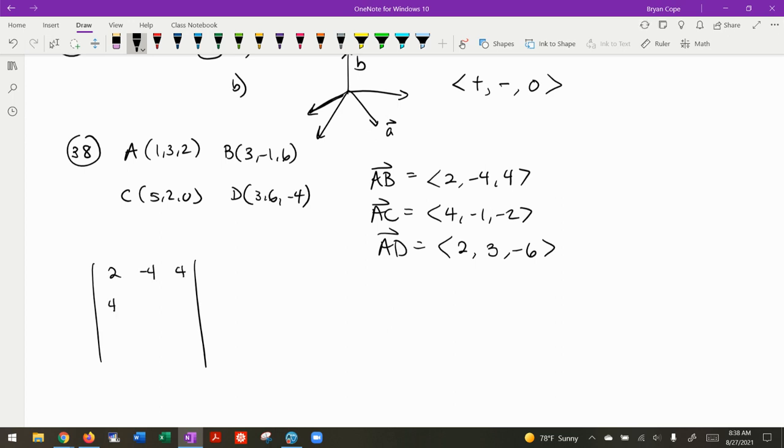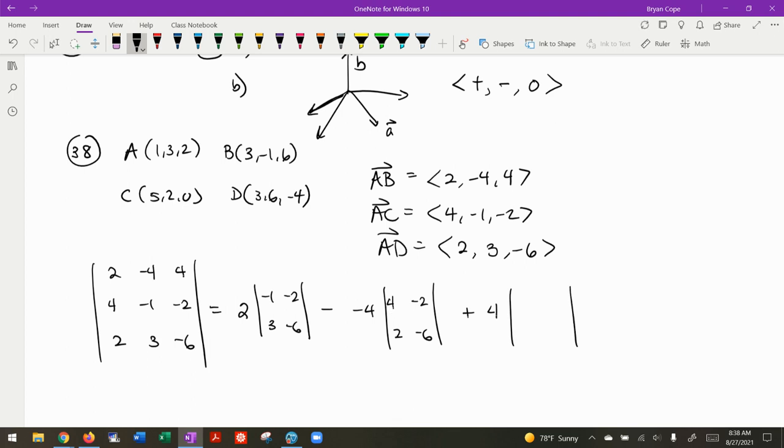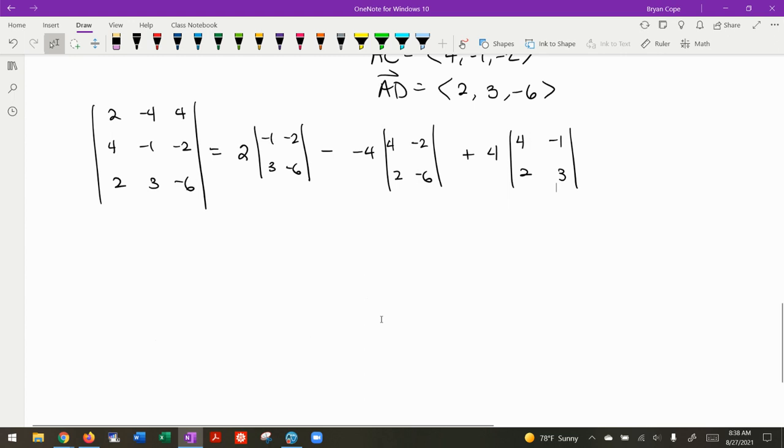Okay, to find the scalar triple product, we're going to take the determinant of the matrix containing those vectors. Okay, so we're going to take 2, not I anymore, right? 2 times the determinant of [-1, -2; 3, -6], minus -4 times the determinant of [4, -2; 2, -6], plus 4 times the determinant of [4, -1; 2, 3].